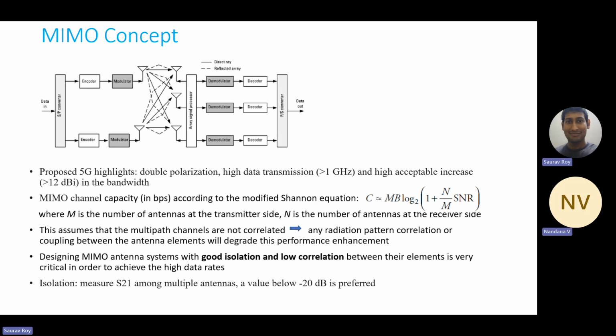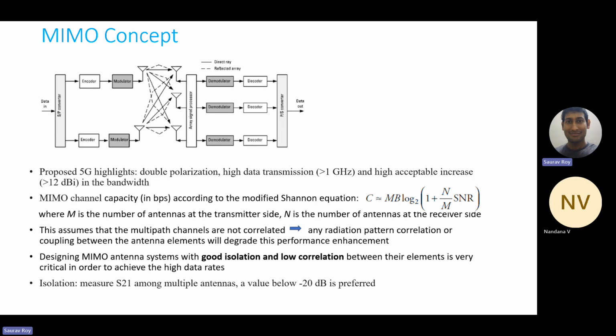So then what to do? They're saying designing MIMO antenna systems with good isolation and low correlation between their elements is very critical to achieve high data rate. So we should have good isolation between the antennas and low correlation between them. How is isolation measured? Isolation is measured with S21 among multiple antennas.